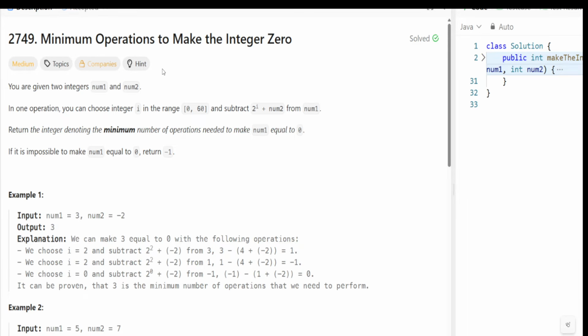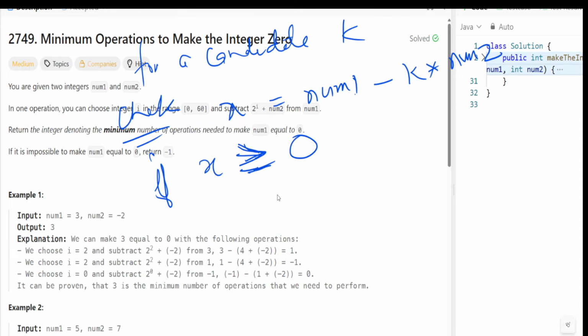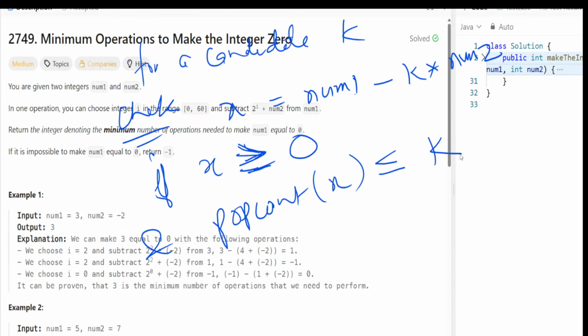So for a candidate k, what we should check is x equal to num1 minus k into num2, where x is greater than or equal to 0, and the pop count of x should be less than or equal to k, which is less than or equal to x.